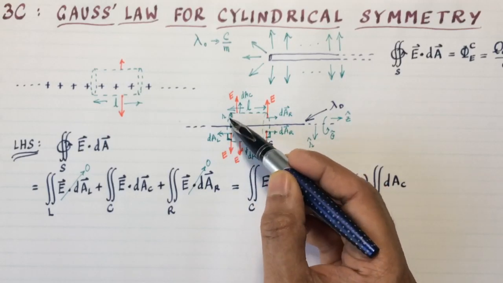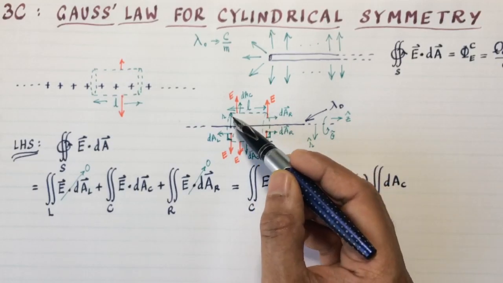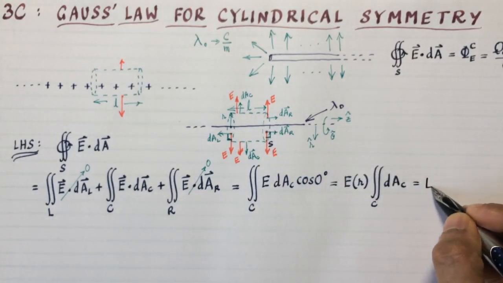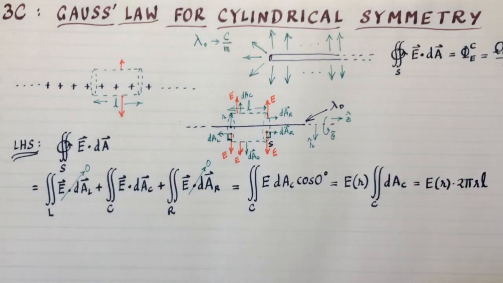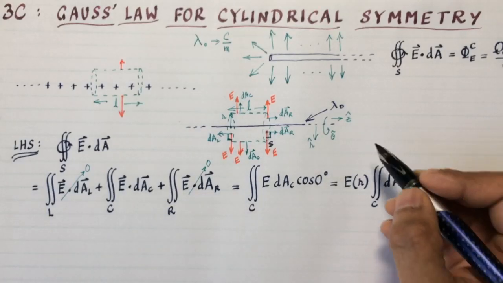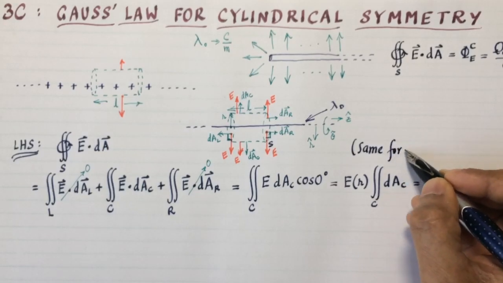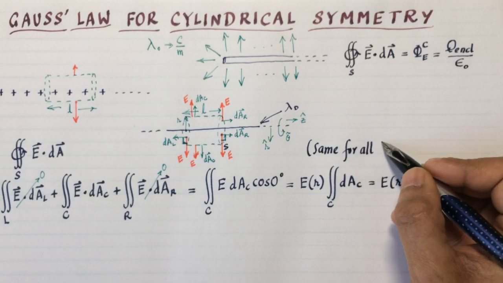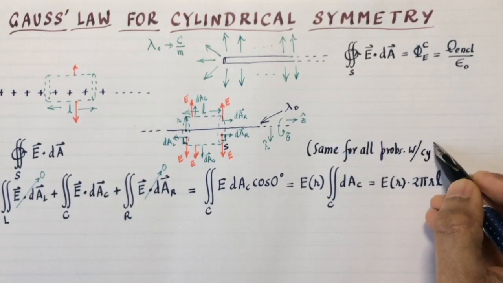That roll will have a radius r, so the surface area, just that brown part, is going to be 2 pi r times L. So I can just write this out. E of r times 2 pi r times L. Done. I have done the left hand side, and it's the same for all problems with cylindrical symmetry.